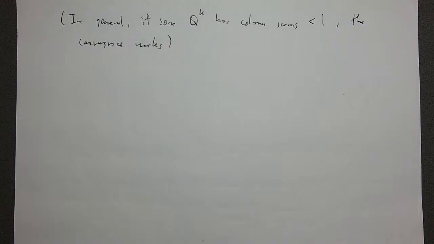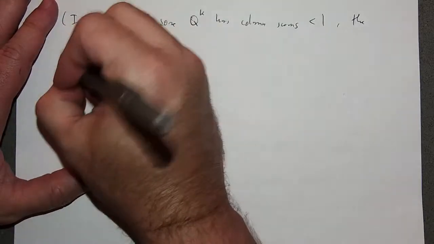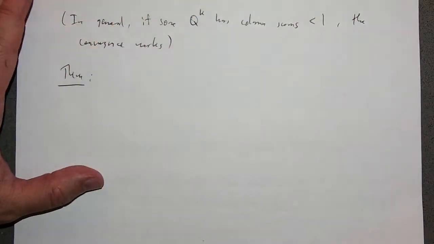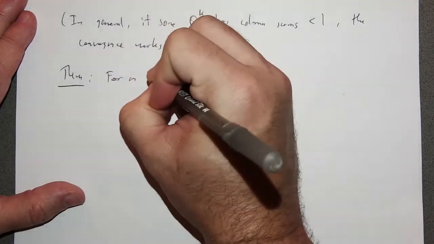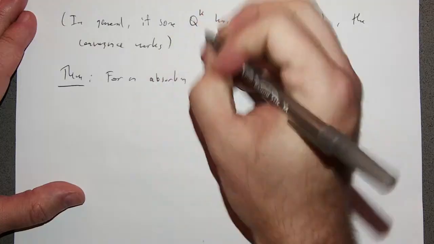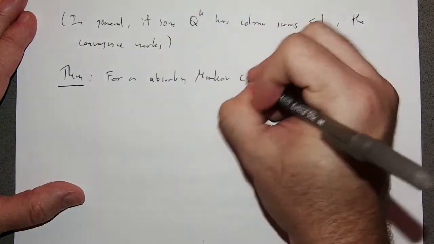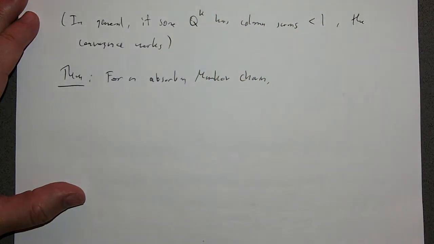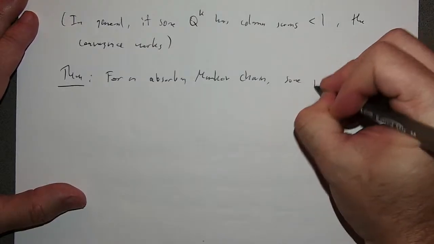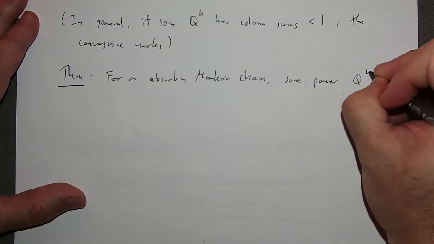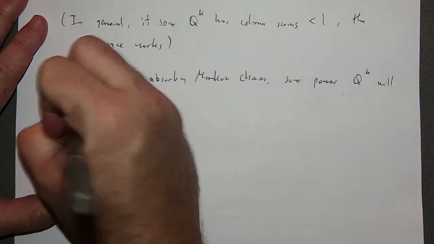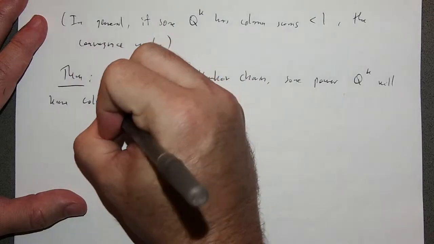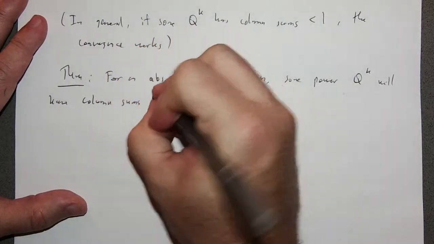And so, putting all of this together, we have the following theorem. Or maybe I'll write it as a pair of theorems. It might be better to organize it this way. So for an absorbing Markov chain, some power q to the k will have a column sum less than 1.